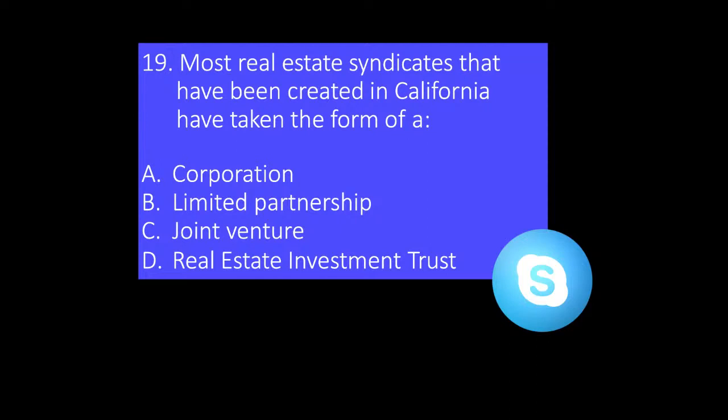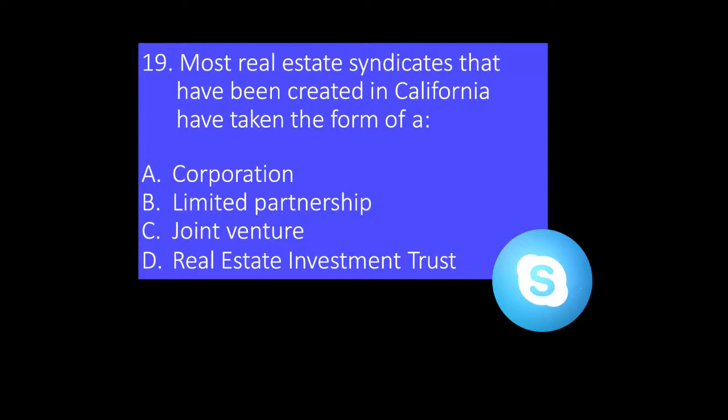Most real estate syndicates that have been created in California have taken the form of a limited partner corporation, real estate investment trust corporation. Why ask a question like that? First of all, you have to eliminate the answer choices that are words or terms that you are not familiar with, right?